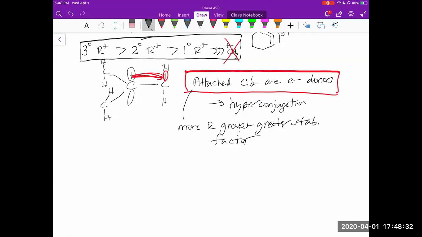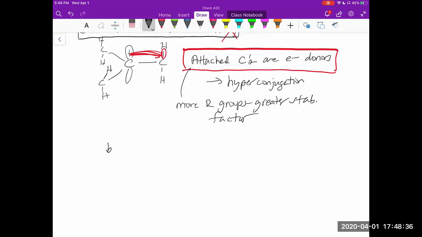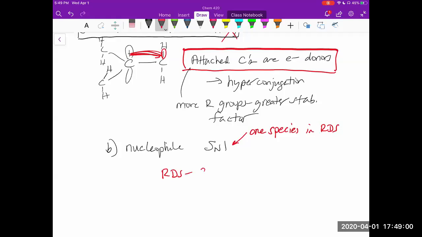Then the second factor we were looking at was the nucleophile. What's interesting about this, SN1 means that there is one species in the rate determining step. That rate determining step is the formation of the carbocation.